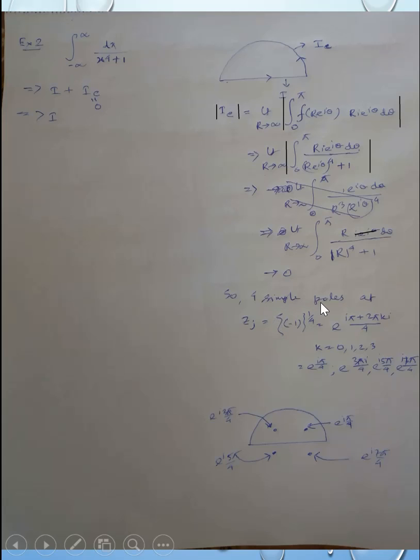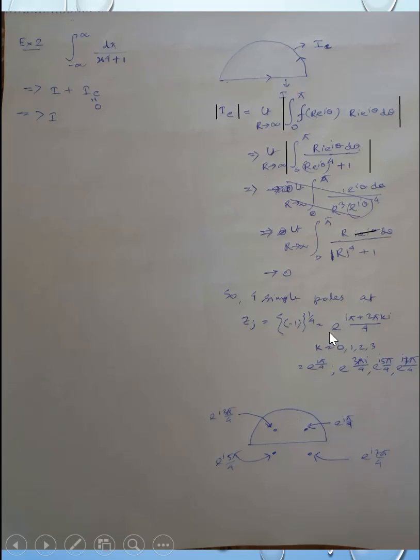So from the equation z to the power 4 plus 1 equals 0, that is z to the power 4 equals minus 1, we will have 4 roots. You can see here 4 roots, and those are actually the poles here.